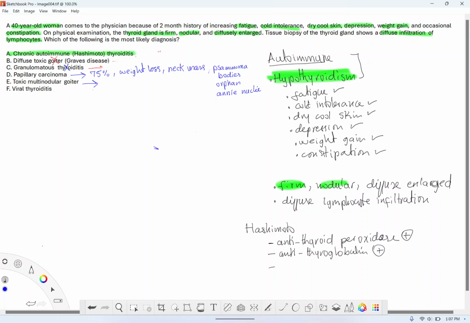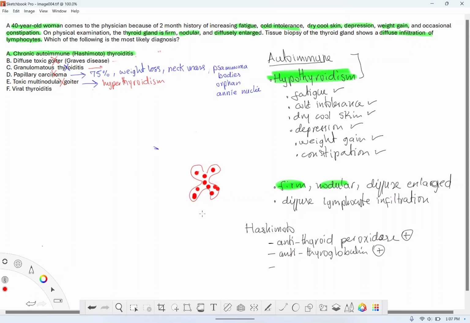The next one is toxic multinodular goiter. Toxic in this context means hyperthyroidism. I know this is not hyperthyroidism, so right away I'm going to say no, this is not the answer. Multinodular means not diffusely enlarged; there's a nodule here, a nodule here, and a nodule here.